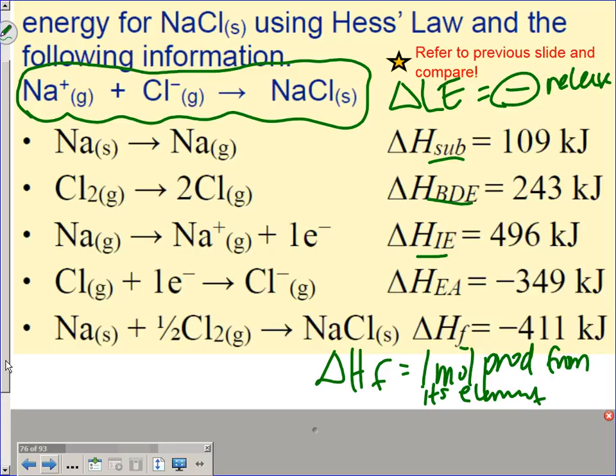Sodium gas? Yes. One chlorine gas? Yes, here and here. One electron? Yes. And what's left? Everything we wanted. Let's go ahead and calculate delta H.